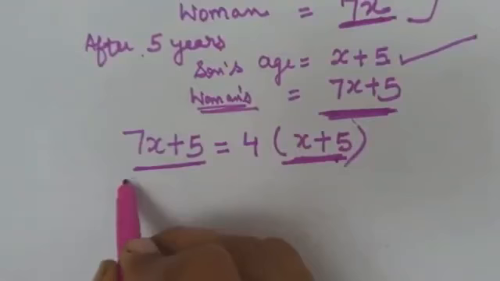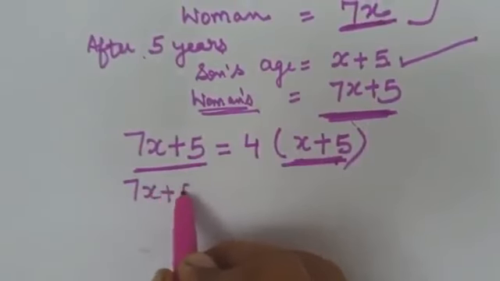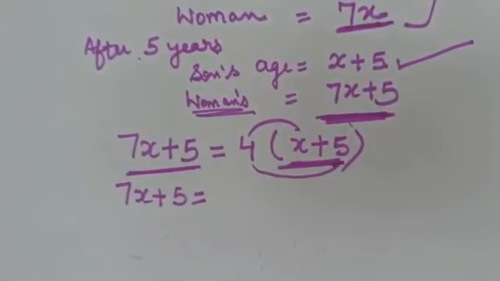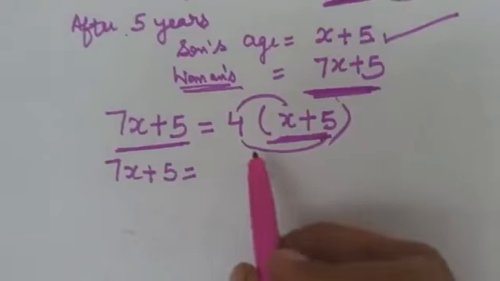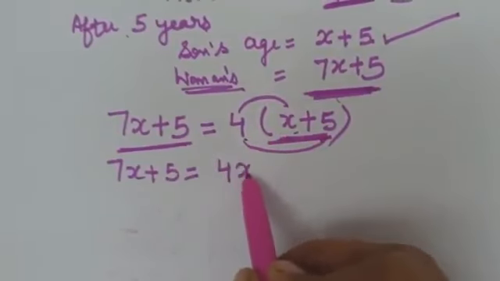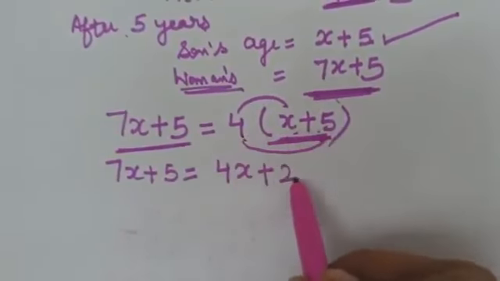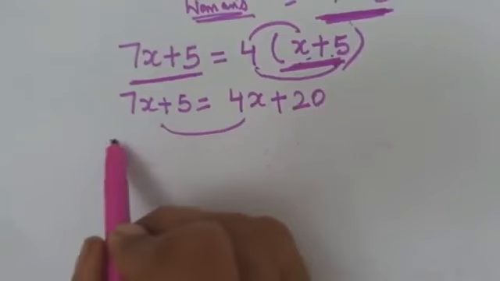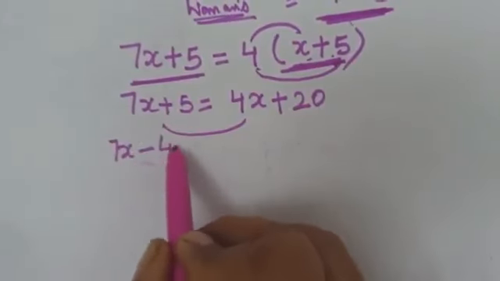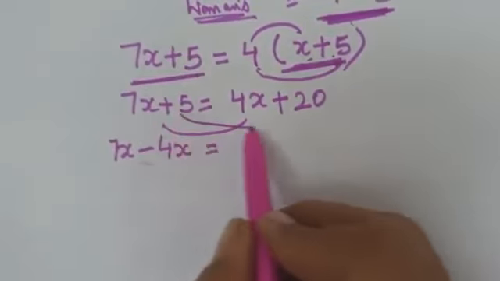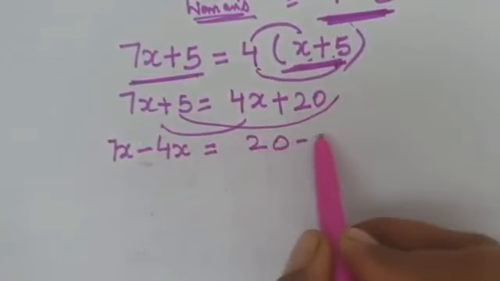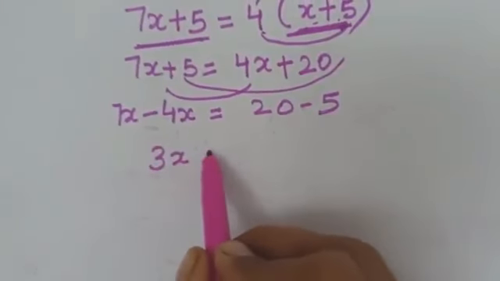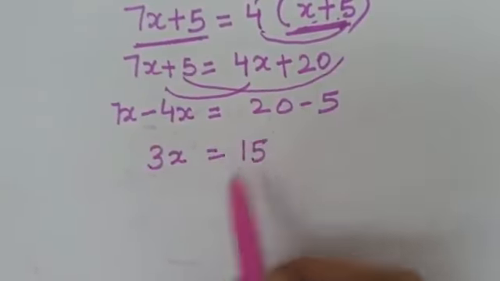So now first of all let us open the bracket. You all know how to open the bracket. 4 into x, 4x, 4 into 5, 20. So now 4x will shift to that side and 5 will shift to that side. So what we get? We get 3x is equals to 15.